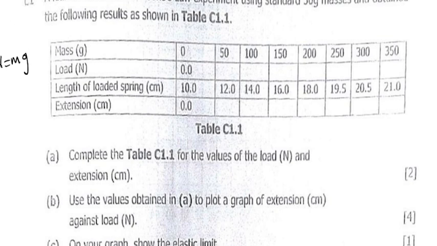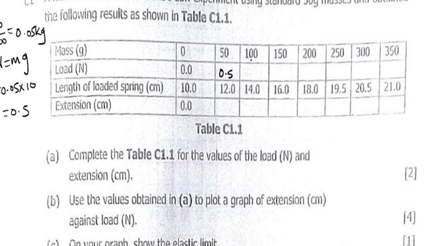So 50 divided by 1000, I get 0.05. So now this 0.05 that I found is in kg. This is the one that I'll multiply with the acceleration due to gravity, and I'll get 0.5. So I'll put 0.5 here.